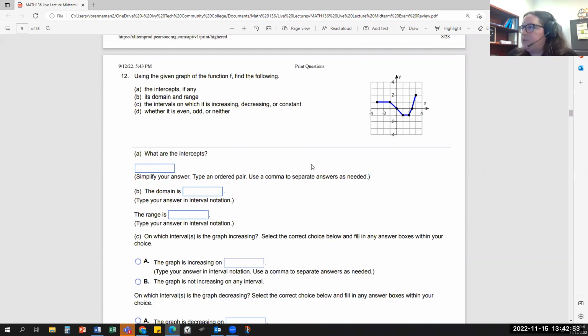For the intercepts, we're looking for any points on either the x-axis or the y-axis. That is this point right here and here, (0, 0) and (3, 0).